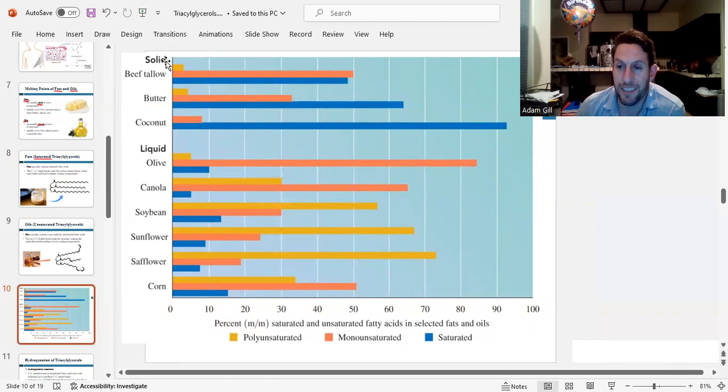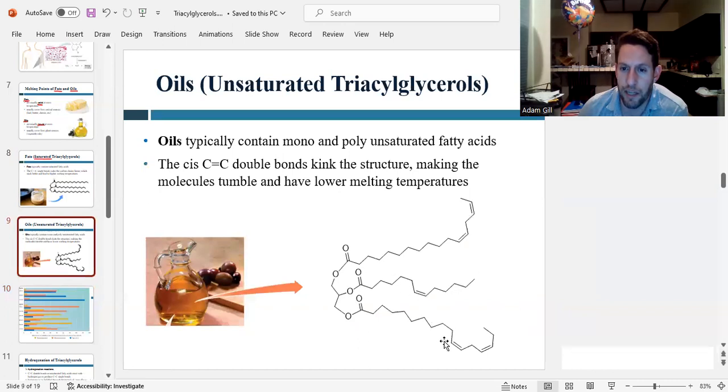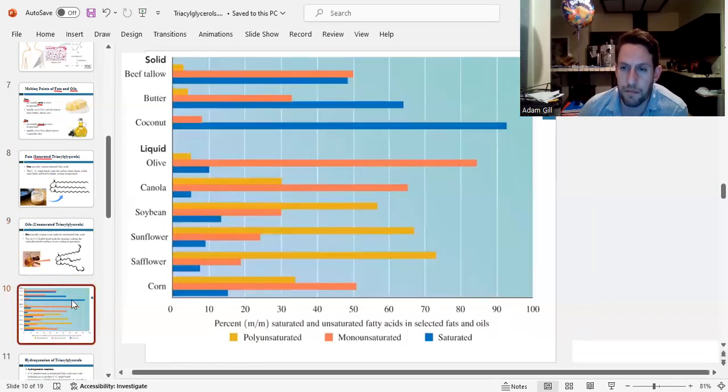And so things that tend to be solid at room temperature, like beef tallow, butter, coconut oil, if you look, they have a higher percentage of saturated and monounsaturated fats, and they have almost no polyunsaturated. Whereas on the other hand, if you look at plant oils like olive, canola, soybeans, sunflower, safflower, corn oil, they all tend to have a lot more polyunsaturated fats, which have a lot of kinks, which makes them oily and liquidy.